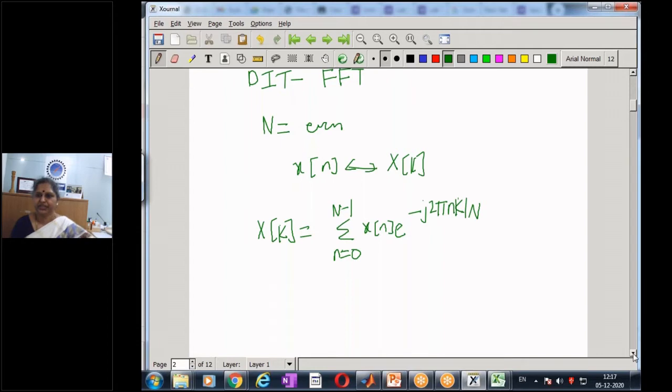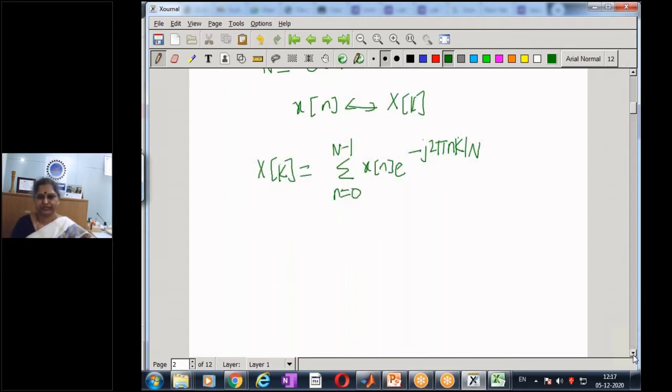This is by definition the expression for the discrete Fourier transform.